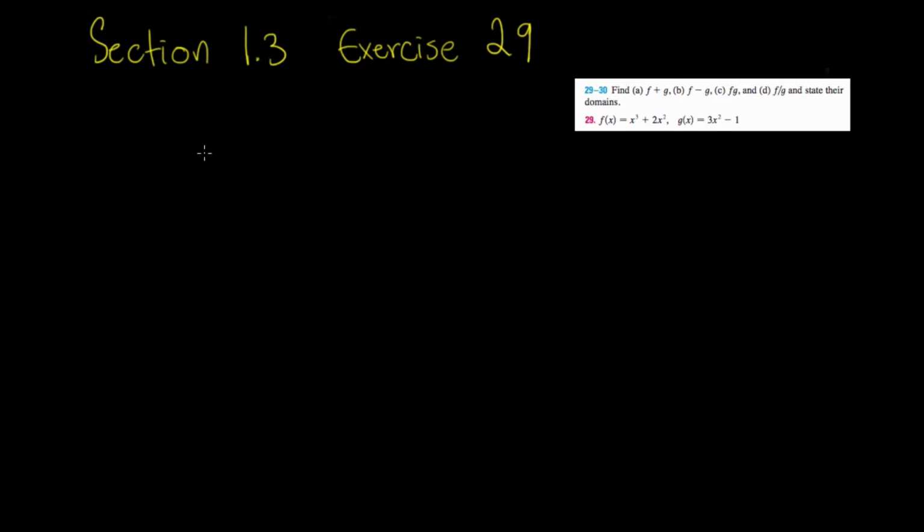Okay, so for part a, we're just going to add both functions together. So we write out f, which is x cubed plus 2x squared, and then we add g, which is 3x squared minus 1.